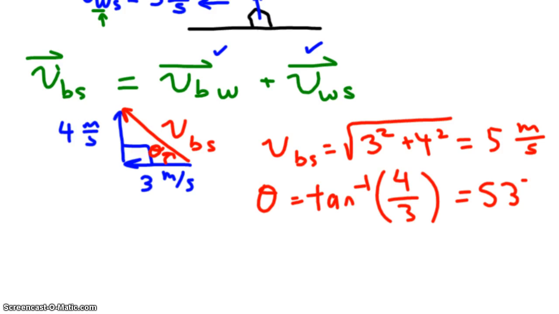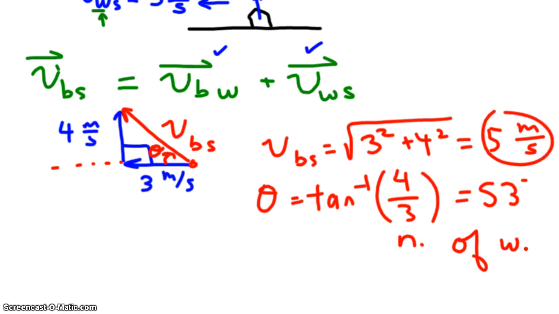Theta is pointing, well, our reference is west rather. So our reference line is west. So from west of west, which way have we gone? We've gone north of west. From the reference, we went north, right? North, not south. Okay. That is our answer for part A.